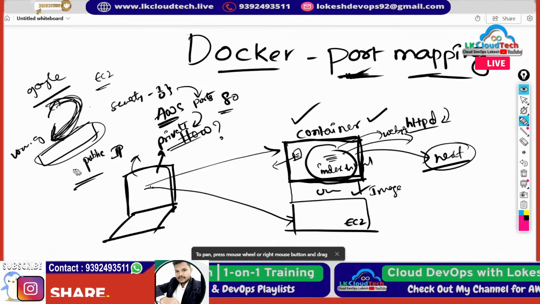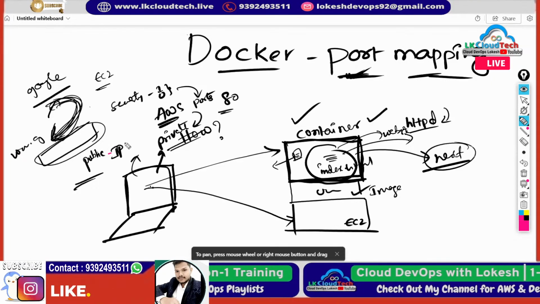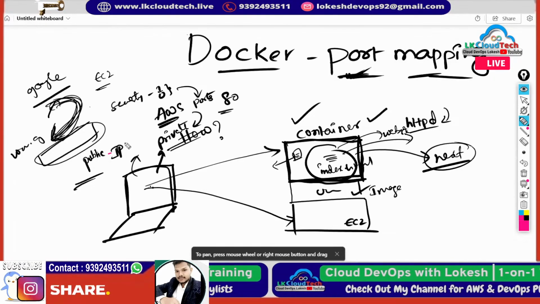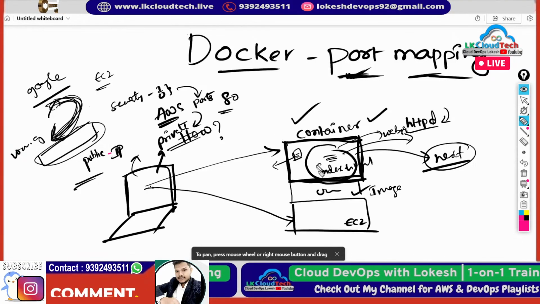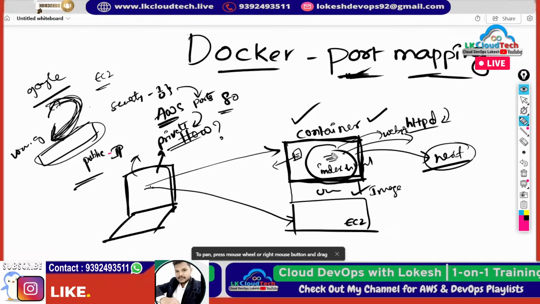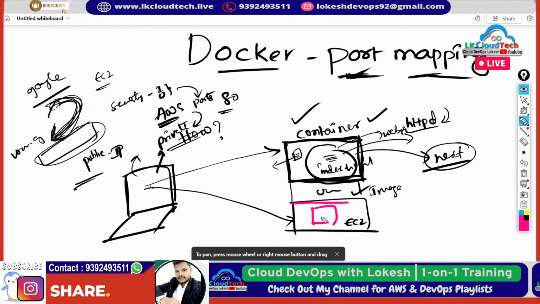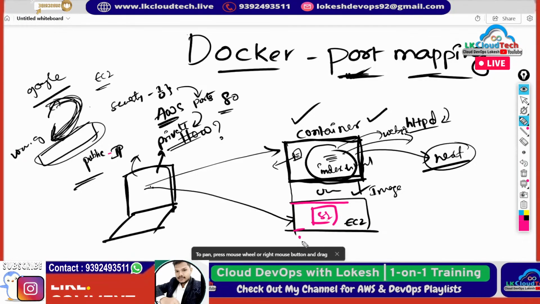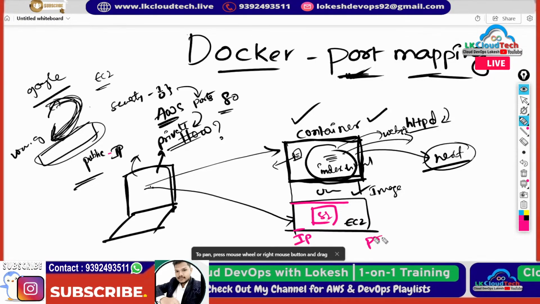I can put it this way: private means it's only accessible within our organization, and public means it can be accessed from the whole public. Suppose in your EC2 machine some server is there. If you want to access this EC2 machine, it has a public IP, and it also has a private IP.